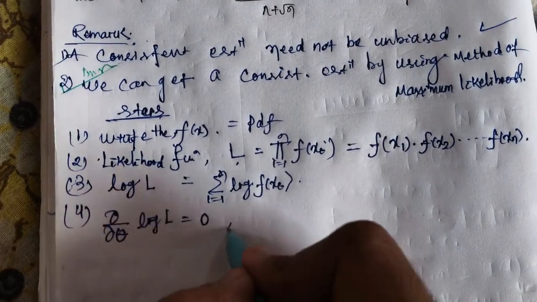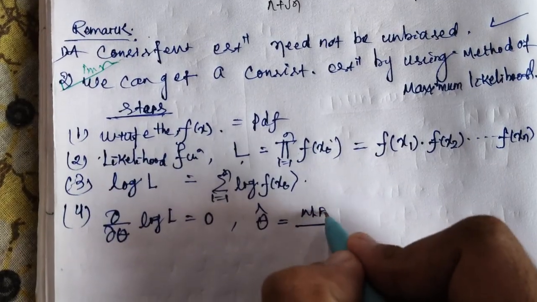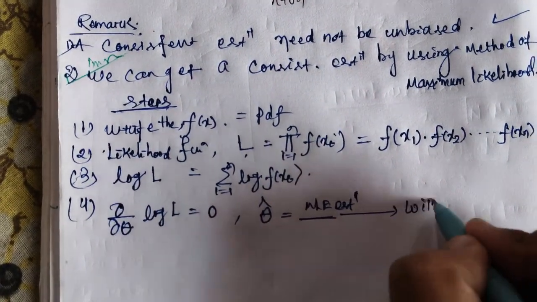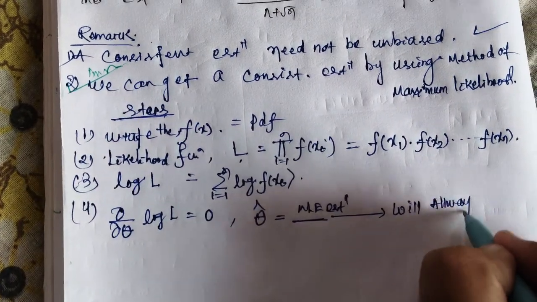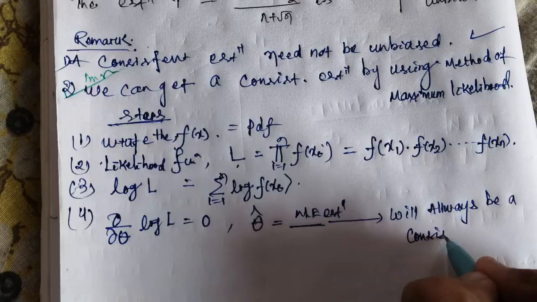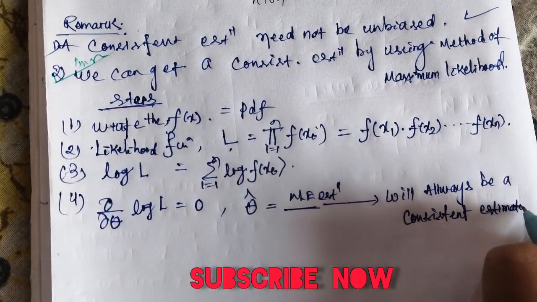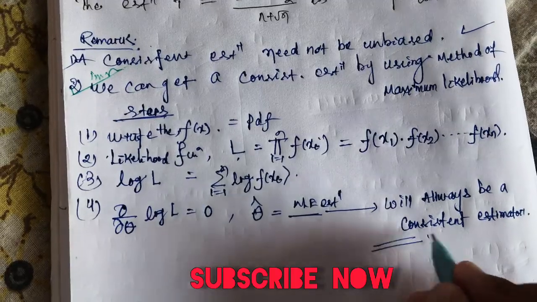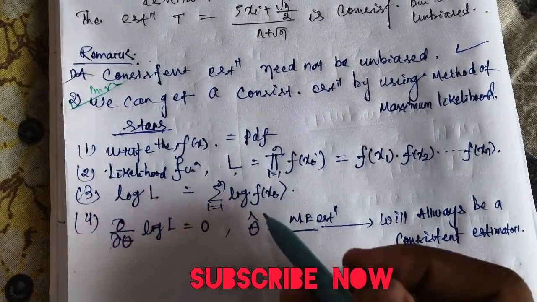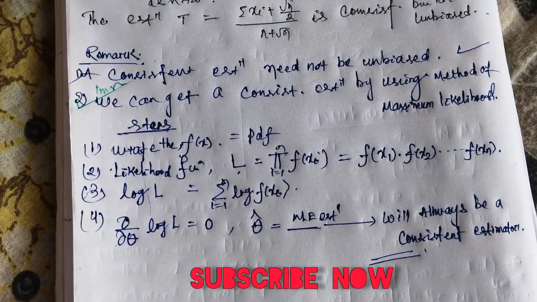Now you get theta cap as your MLE estimator, and this estimator will always be a consistent estimator. So this is one of the methods of getting a consistent estimator, by using the method of maximum likelihood estimation.